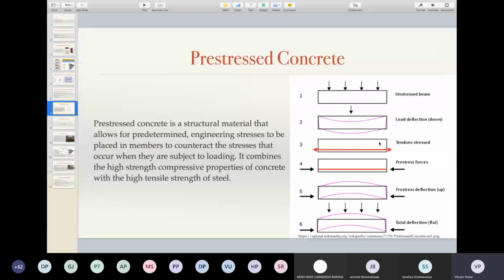So when you have tendons stressed, we'll come to post-tension as well as pre-tension. This pre-stress factor can be introduced in two different ways. We'll come to that a little later. But what it does is this amount of stress being incident on the lower half is going to initially have a tendency of the beam to be deflecting on the upper side.